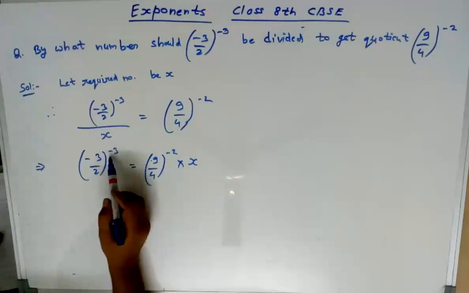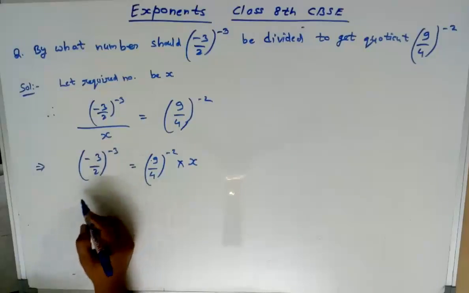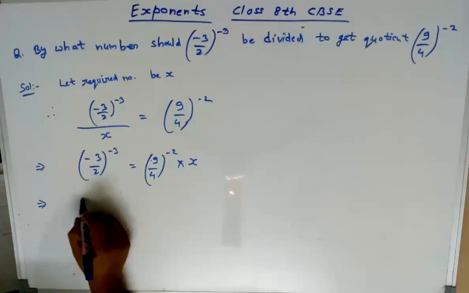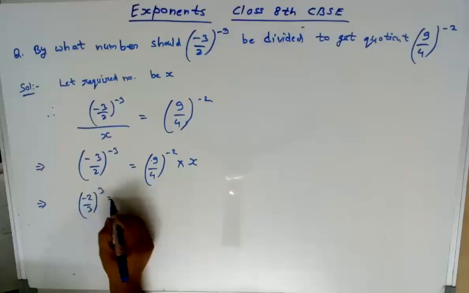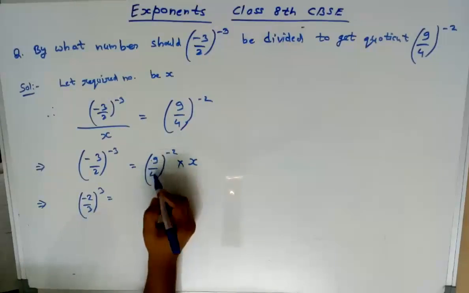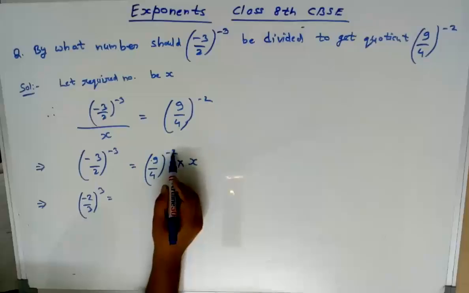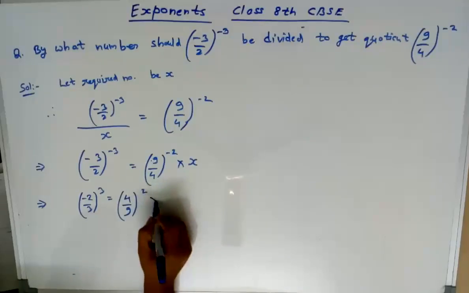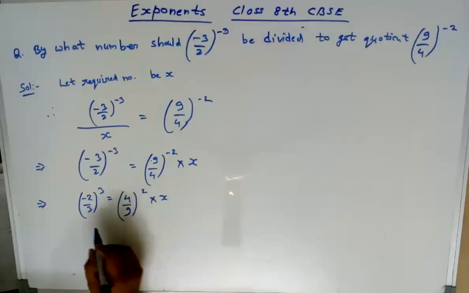Now in order to convert this exponent as positive, we will take the inverse of this number. So it will become minus 2 by 3 raised to the power 3 is equal to, here also we will need to take the inverse of this number to convert this exponent as a positive exponent. It will become 4 by 9 raised to the power 2 into x.